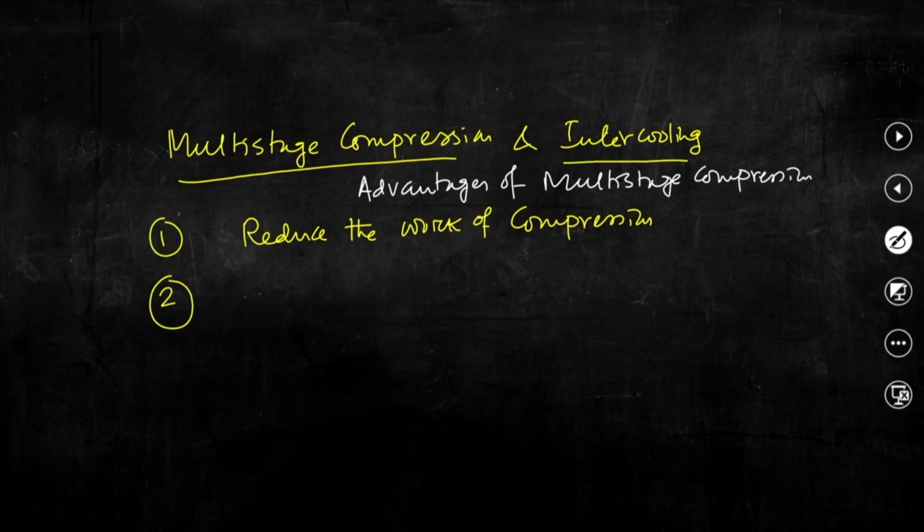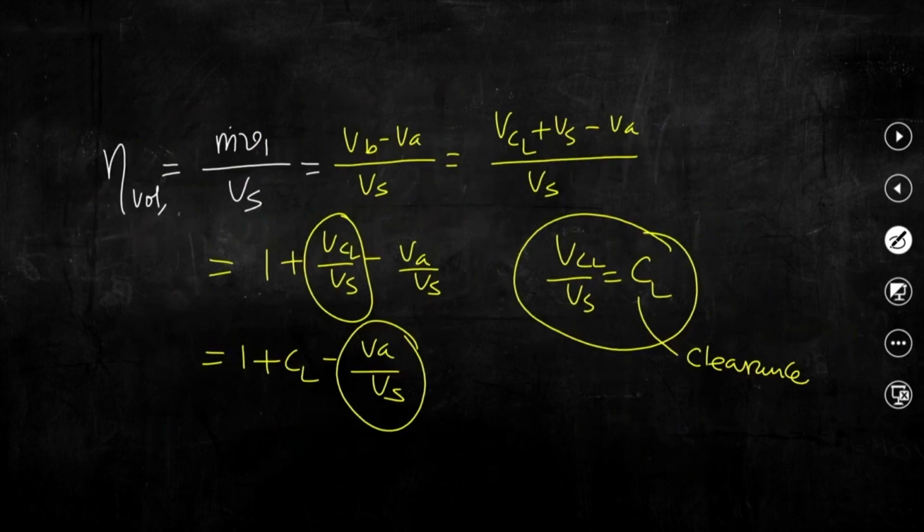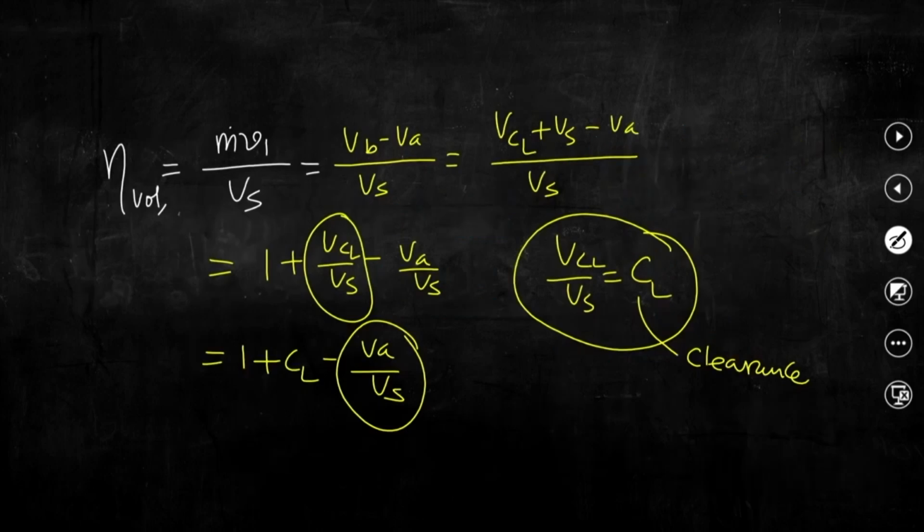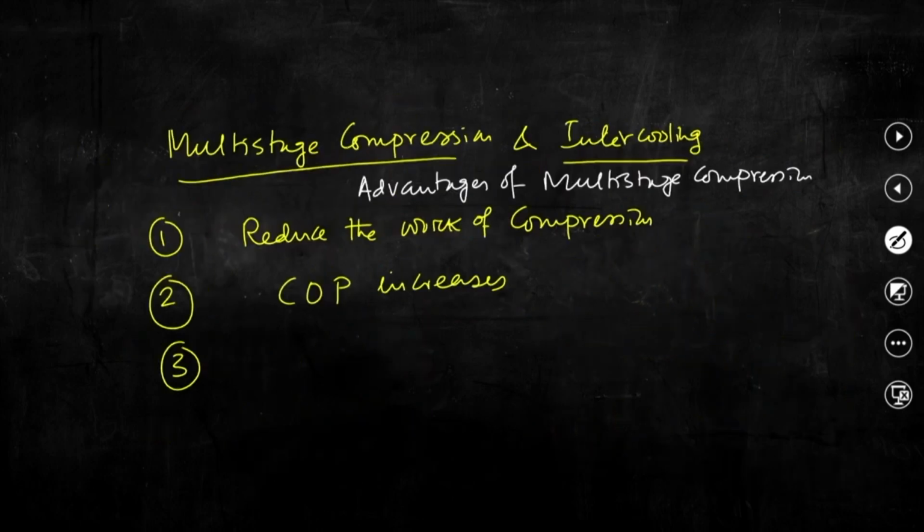With multistage compression, the coefficient of performance increases. 3, a few minutes back I said that sometimes adiabatic compression efficiency becomes greater than 1. Efficiency cannot be greater than 1, so we need to define the coefficient of performance. The coefficient of performance will be more if we use multistage compression.